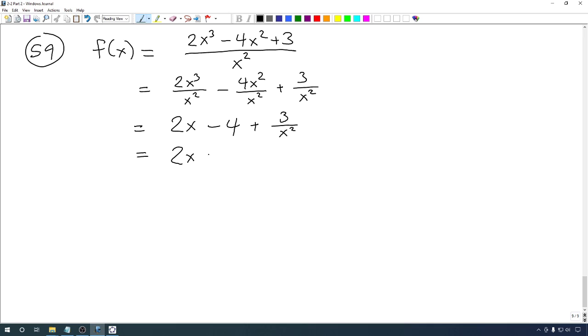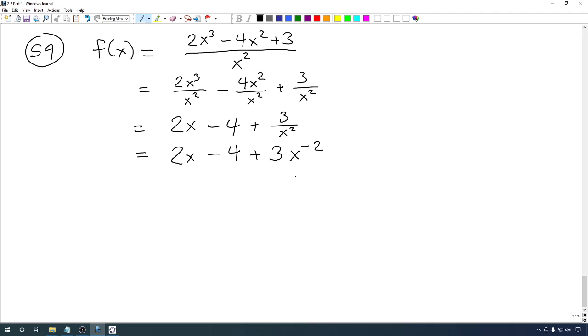So leaving the 2x minus 4 alone, we're going to convert this into a 3 times x to the minus 2 power. So make sure you take these powers of x that are on the bottom and turn them into x to a negative power, or else you're going to get the wrong answer.